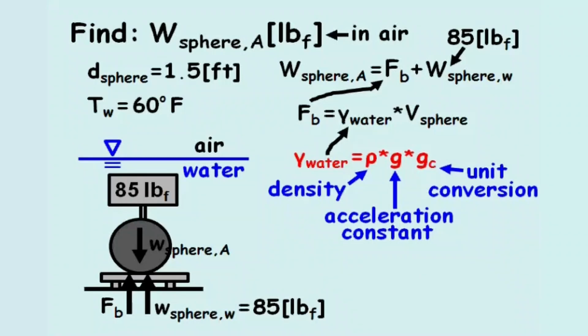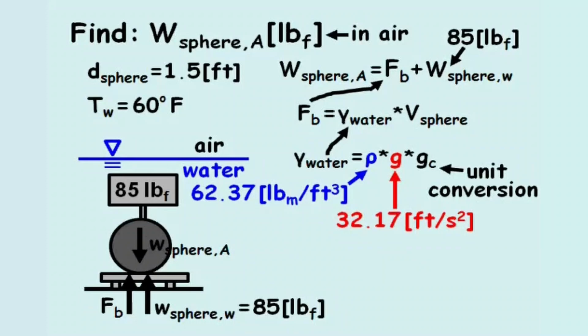conversion. The density of water slightly depends on the temperature of the water. At 60 degrees Fahrenheit, the water density equals 62.37 pounds mass per cubic foot. The acceleration constant equals 32.17 feet per second squared.